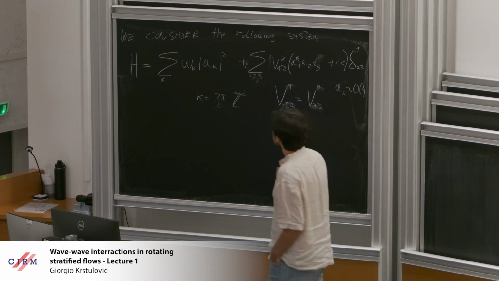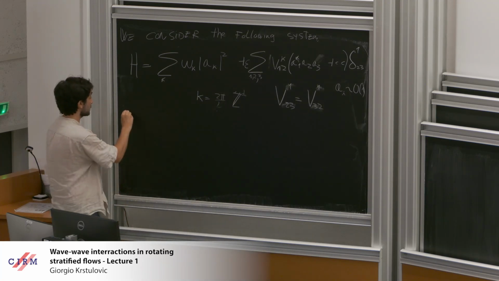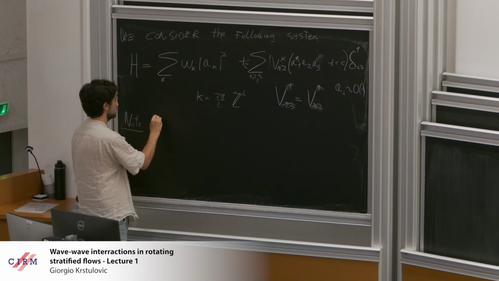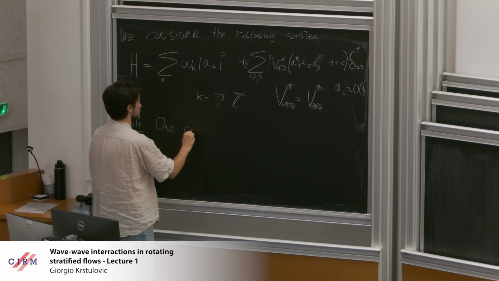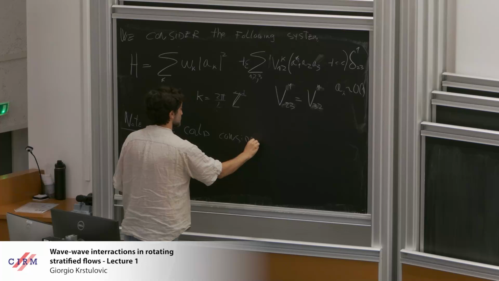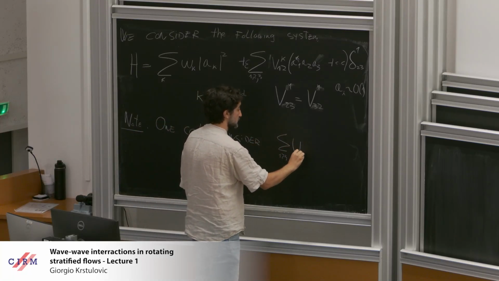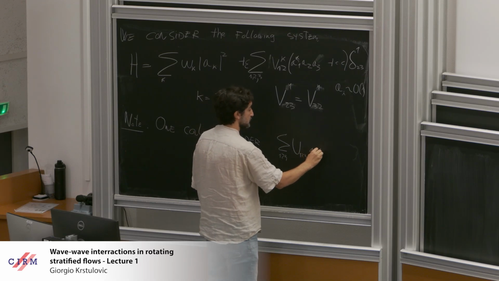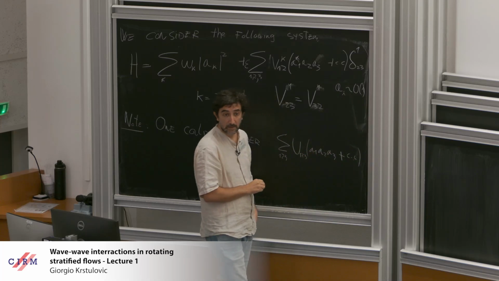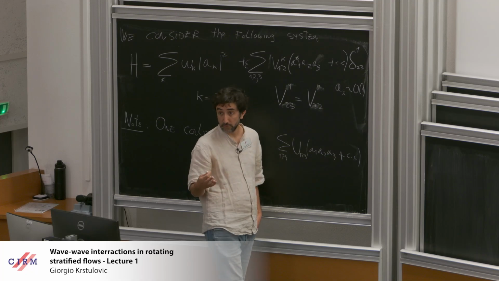And just a note, this is obviously not the most generic Hamiltonian you can imagine for three waves. One could consider other terms. I anyway need that k1 plus k2 plus k3 is equal to 0 because of homogeneity.